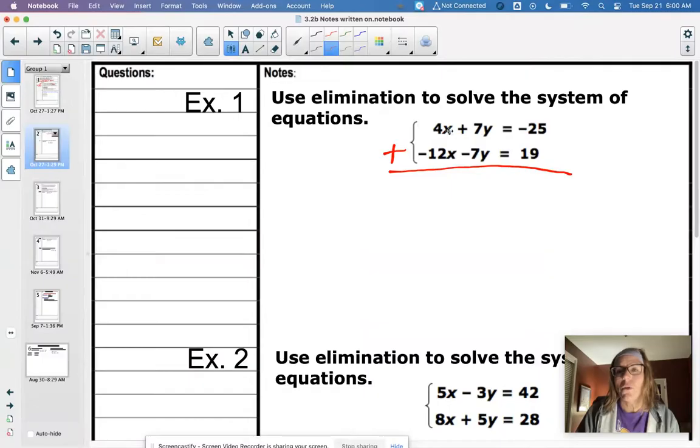So if I take 4x plus a negative 12x, I get a negative 8x. And negative 25 plus 19 is a negative 6.